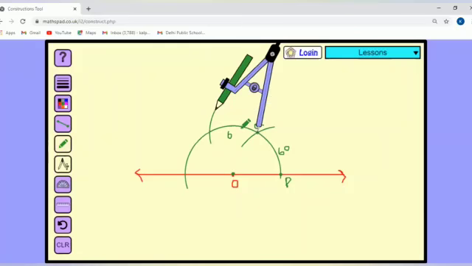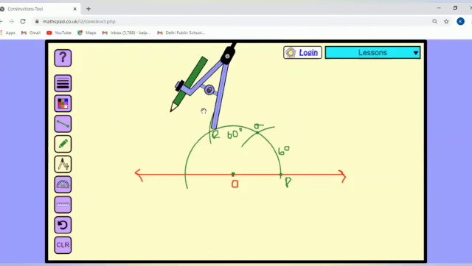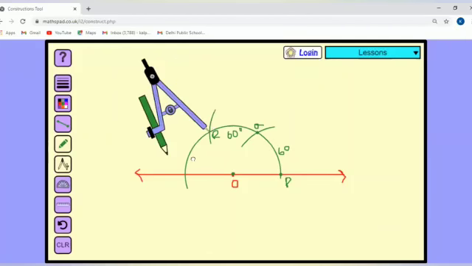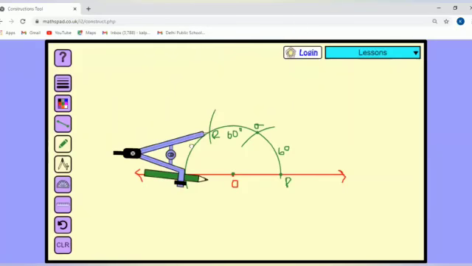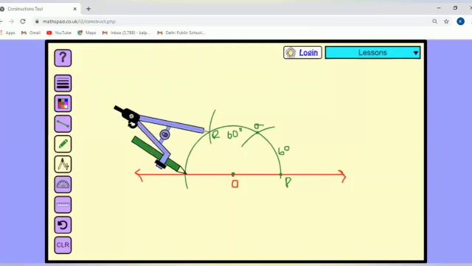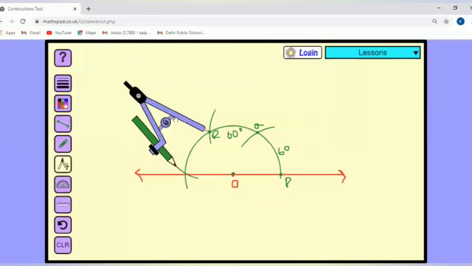Mark it as R. Now with R as center, yes, it's exactly cutting on the line. 60 plus 60 plus 60, which is equal to 180 degrees.